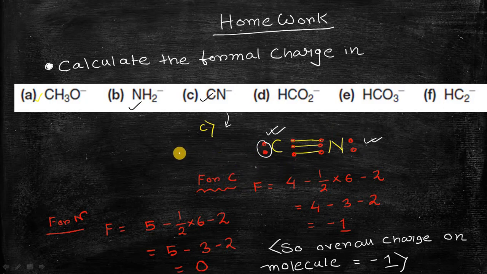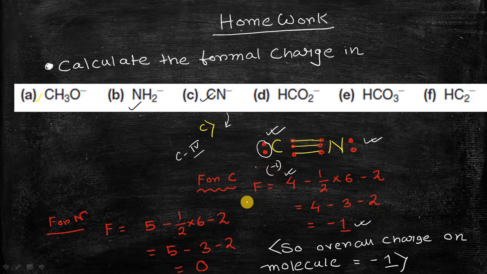As carbon is a group 4 element, the number of valence electrons will be equal to 4. You can see that there are a total of 6 bonding electrons, so we have to assign half of that 6. And there are 2 unshared electrons, so we have to assign the full 2 unshared electrons, that is minus 2. So for carbon, the formal charge is 4 minus 3 minus 2, that is equal to -1.